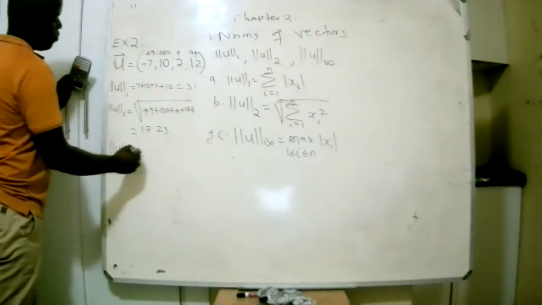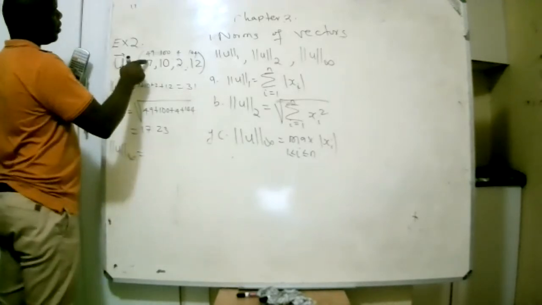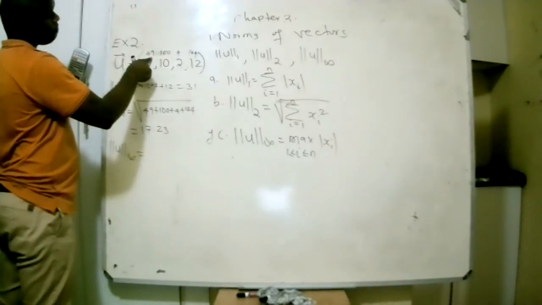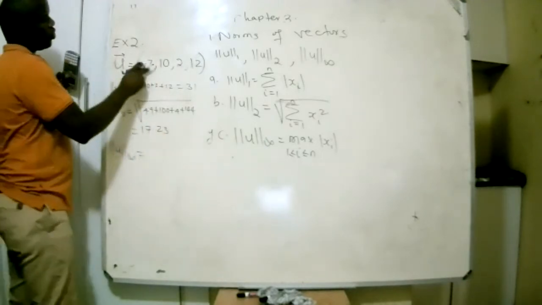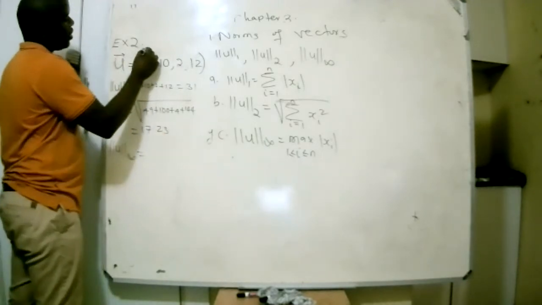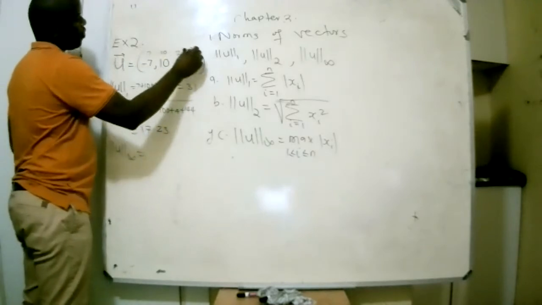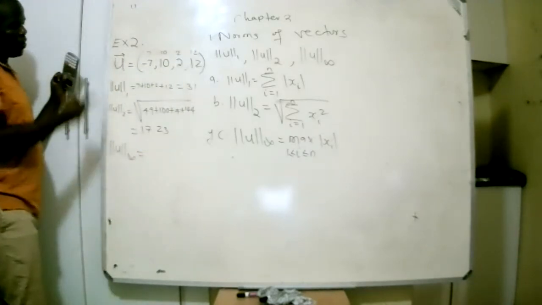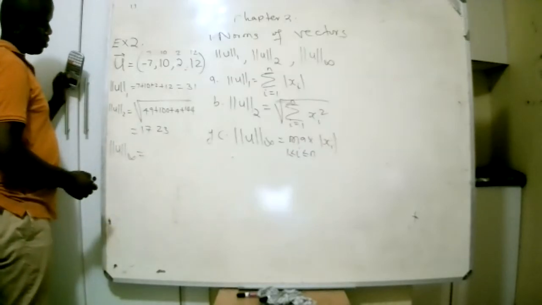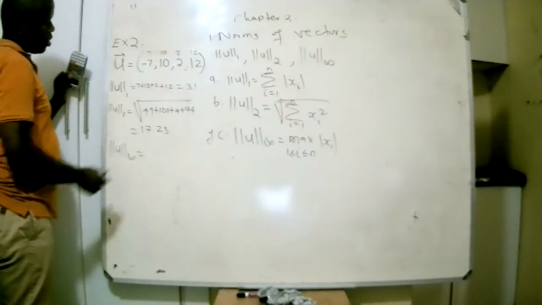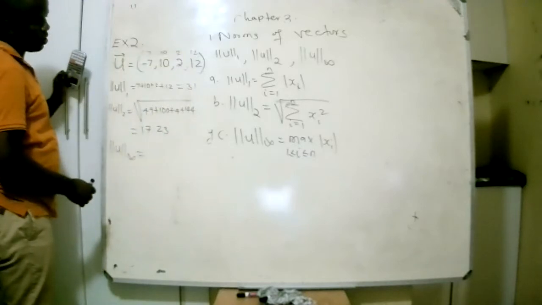So the infinity norm is going to be given by the maximum of the absolutes. So absolute of 7 is 7, absolute of 10 is 10, of 2 is 2, of 12 is 12. And then we take the maximum. Which one is the maximum there? Which one is the highest from those we have there?